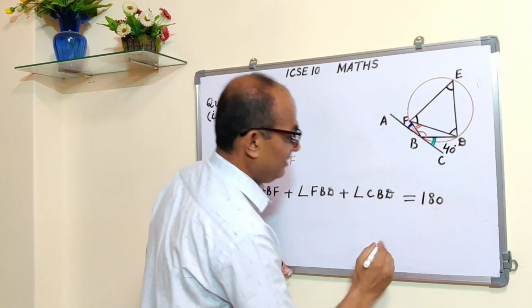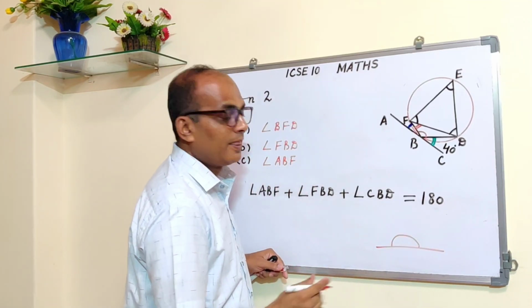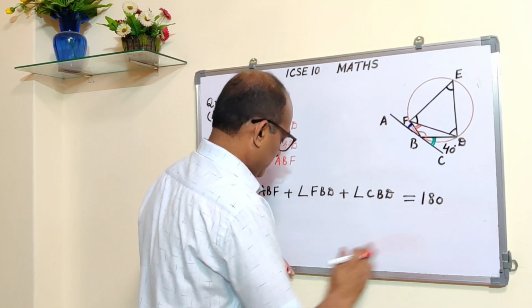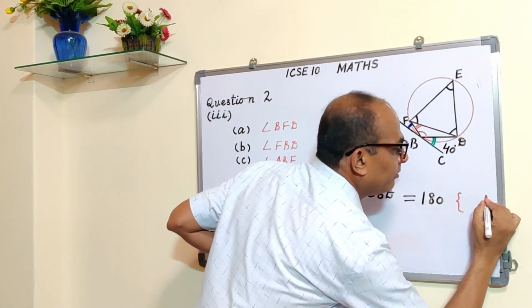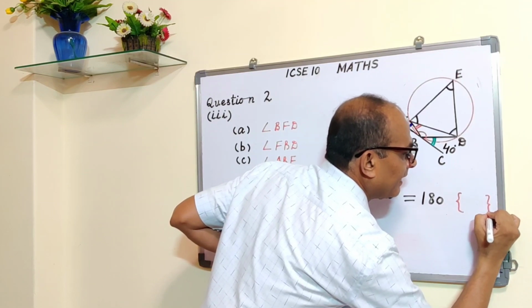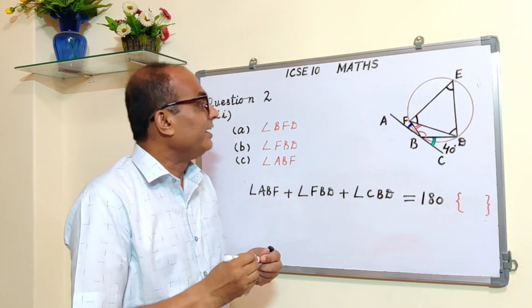This is a straight line, so the sum of all the angles is 180 degrees. Please write down the reason: sum of all the angles on a straight line is 180 degrees.